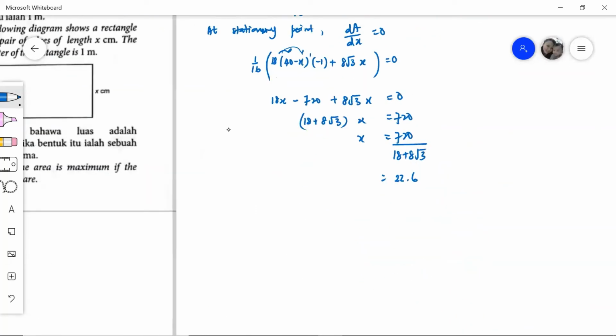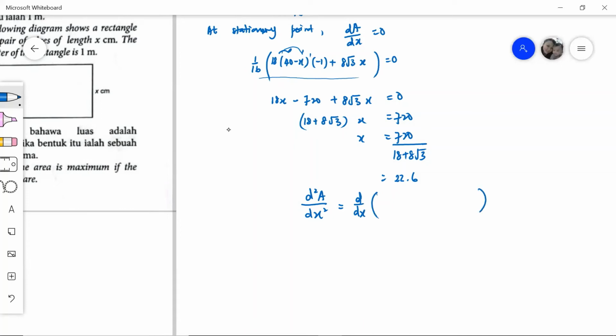So we have to do the second order of derivative. So d2A by dx2. Okay, let's differentiate this part. Okay, let's rewrite our dA by dx properly.